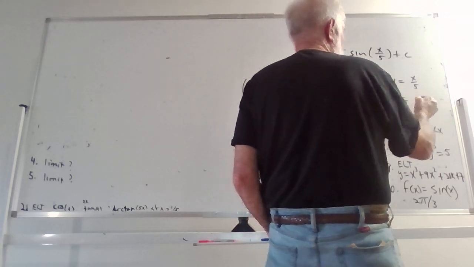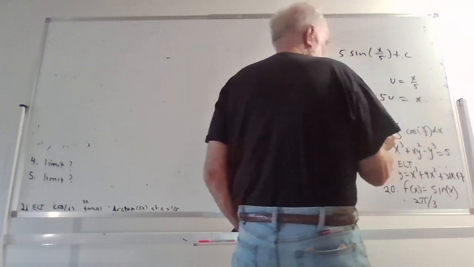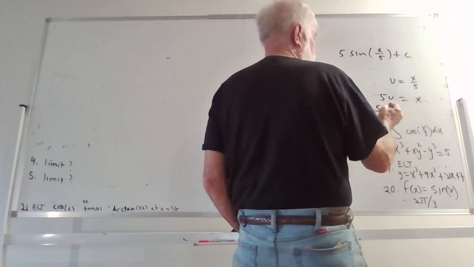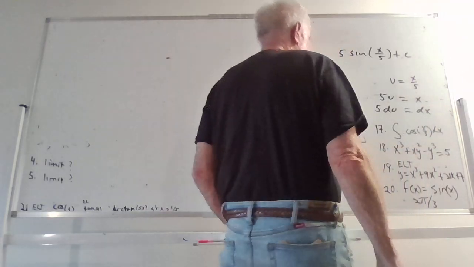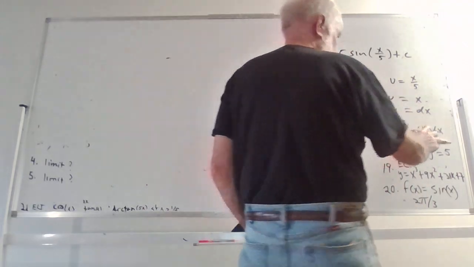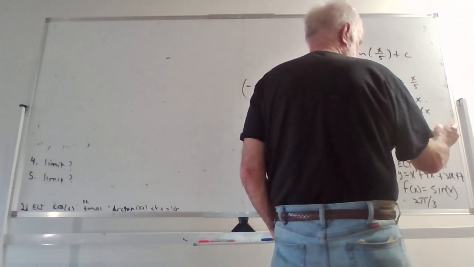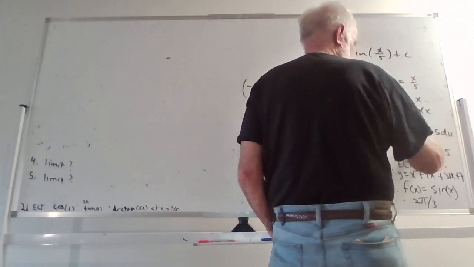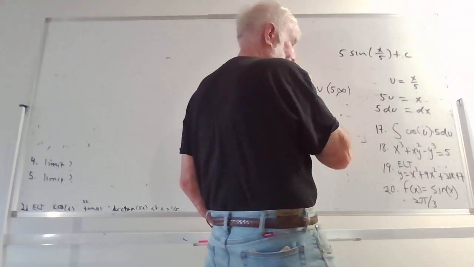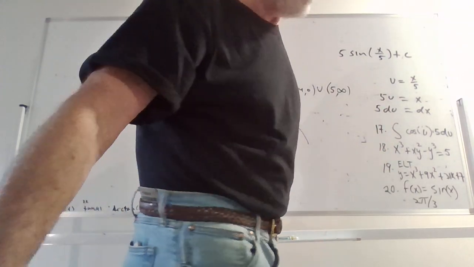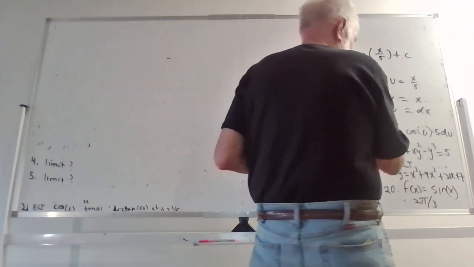We have 5u equals x, and now we have 5 du equals dx. So our dx is now 5 du, and that's our u. Hope you can see why I have a 5 out here. Hopefully the numbers are speaking for themselves at this point.